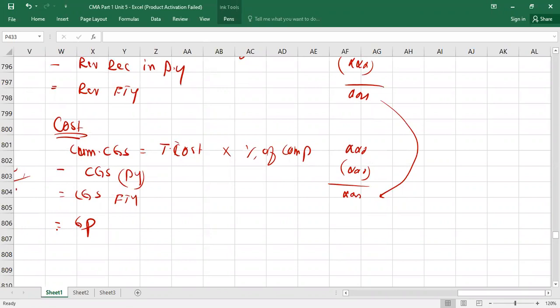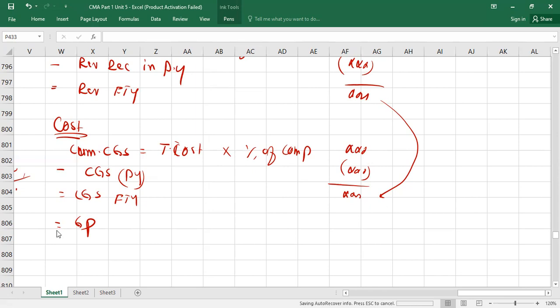I will tell you another example. Let's assume I agreed with you that I will give you 100 hours of teaching. In the first year, I completed 60 hours. It means 60% of the work is completed based on output, right? So I will calculate percentage of completion. I will take 60 hours divided by 100 hours. I will get 60%. And then I will follow the normal process. Understood? Output method is not something different.